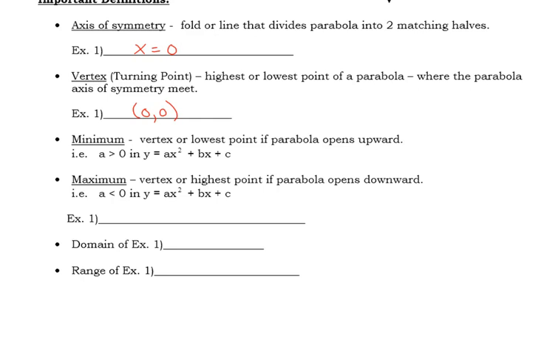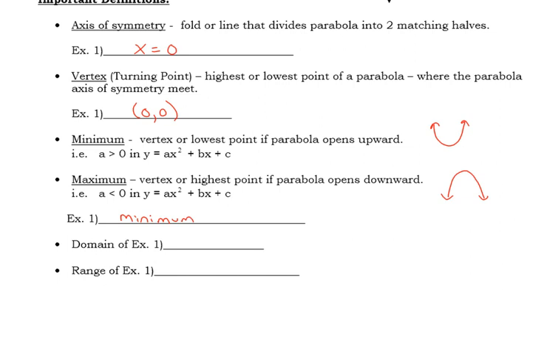The minimum value is the lowest point on a parabola, and that parabola will open upward. That's a smiling parabola. If the parabola has a maximum, the vertex would be the highest point, and it opens downward. That's a frowning parabola. So a parabola is either going to have a minimum or a maximum. Since in example 1 I have a smiling parabola, that means I have a minimum value.